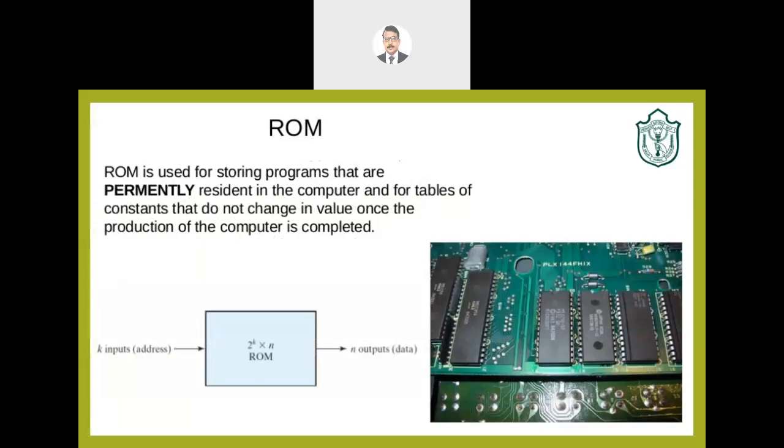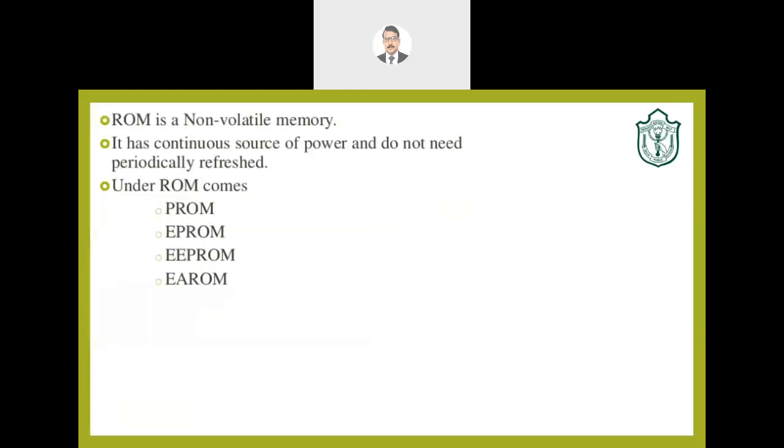ROM is used for storing programs that are permanently resident in the computer and for tables of constants that do not change in value once the production of the computer is completed. ROM is non-volatile memory. It does not need a continuous source of power and does not need to be periodically refreshed. Under ROM come PROM, EPROM, EEPROM, and EAPROM.